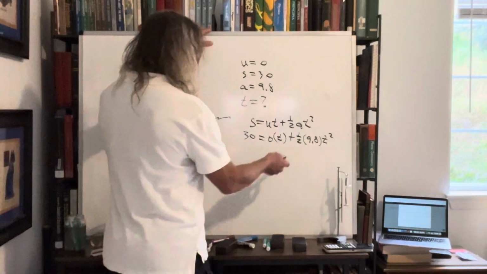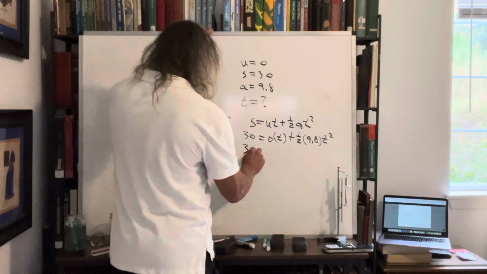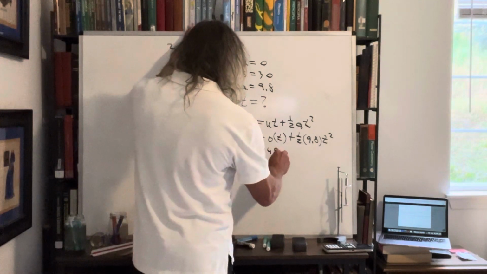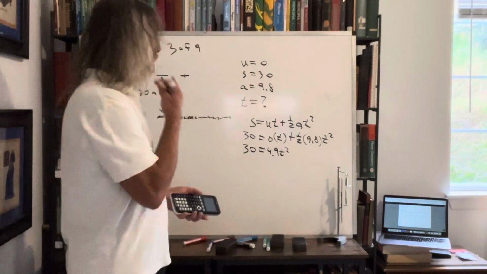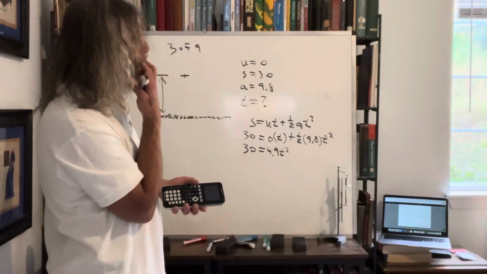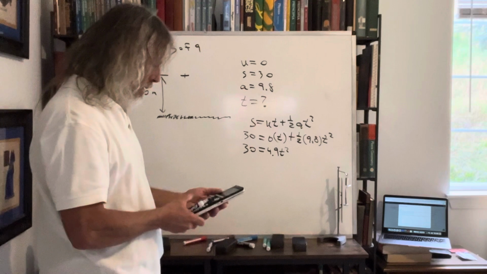Then 30 equals 4.9 t squared. So it's going to be around the square root of 6, so like 2.45 or something seconds.